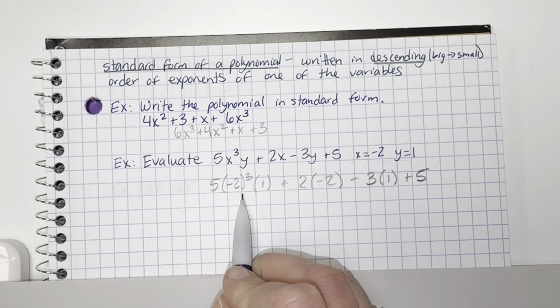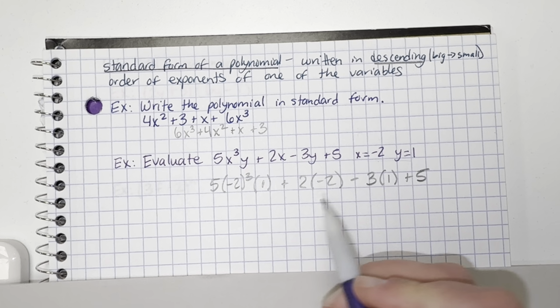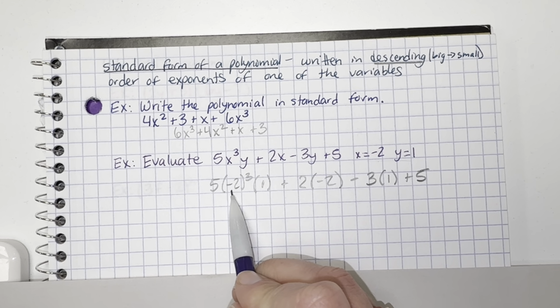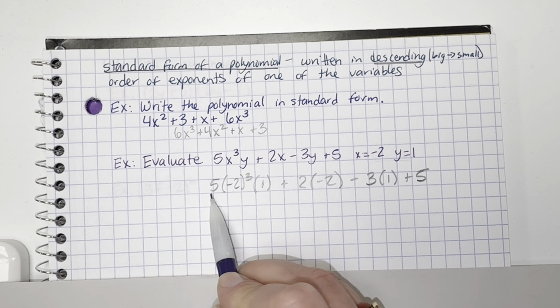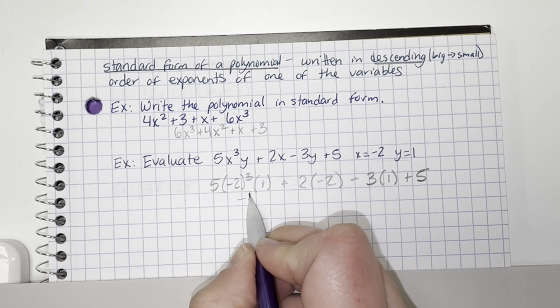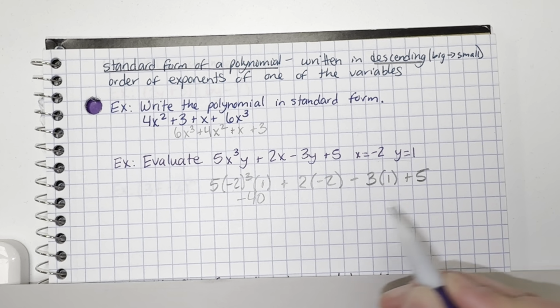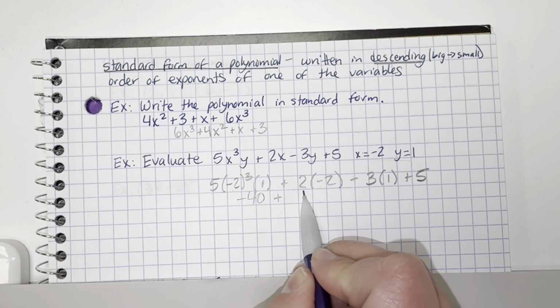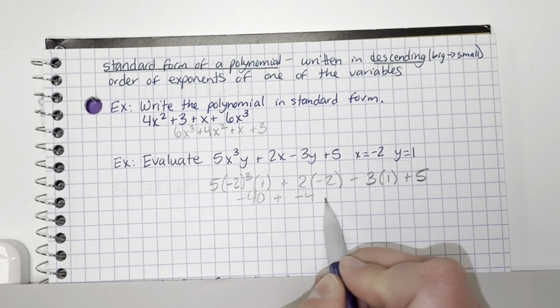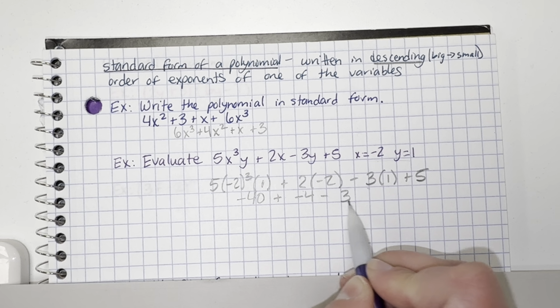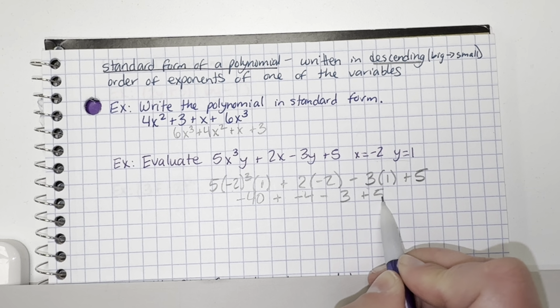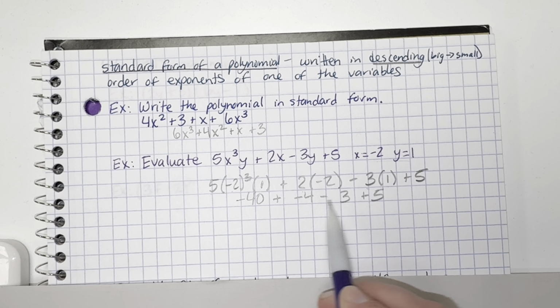And now I'm going to multiply this out. If you aren't sure how to multiply this out, you can always put it in your calculator. -2 cubed is -8 times 5 is -40 times 1 is -40. 2 times -2 is -4. -3 times 1 is -3 plus 5. Make sure your symbols get in there.